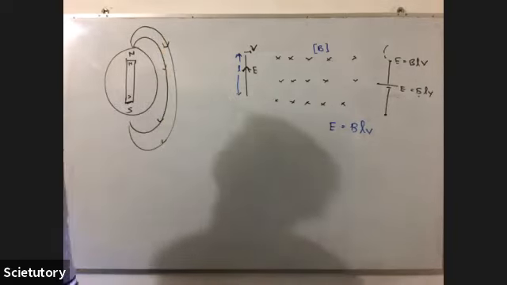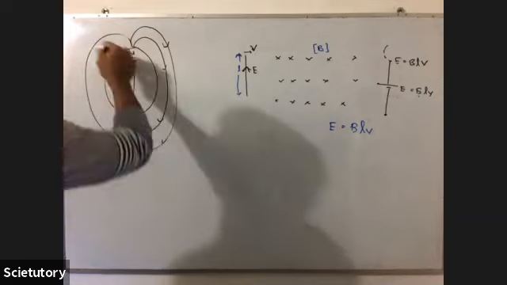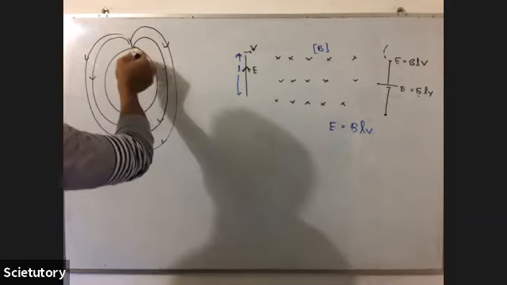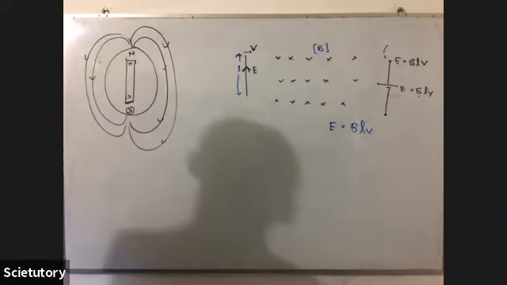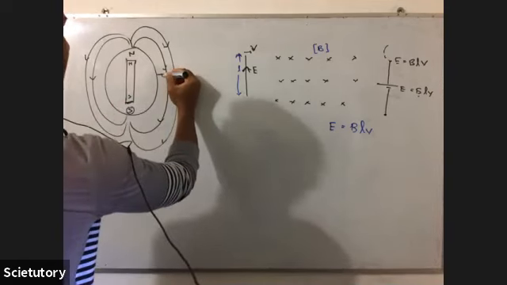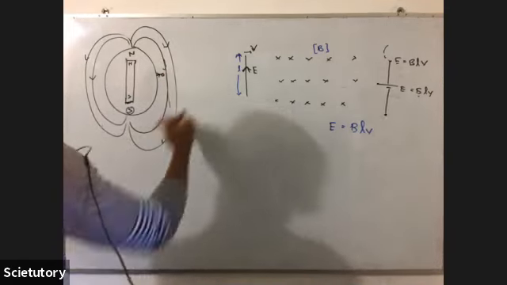So it's like this. It starts from N and goes to S, the South Pole. So if you have a person here, he will only see the horizontal part of it.